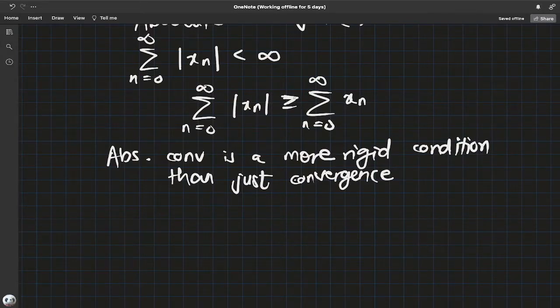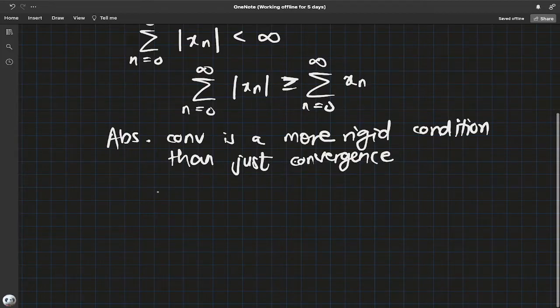This inequality holds because without an absolute value, you also have some intermediate negative terms. But with the absolute value, all the terms are positive. So all positive terms summed up will always be greater than some positive and some negative terms.